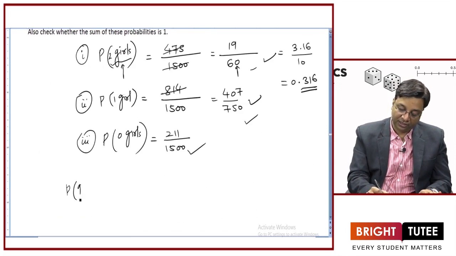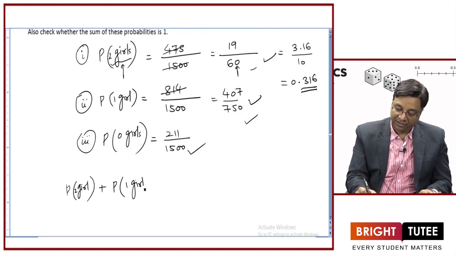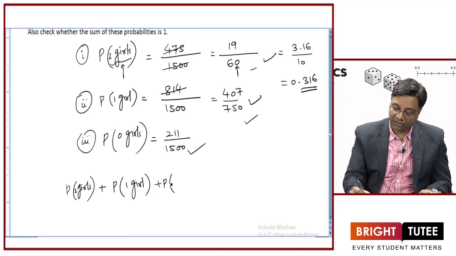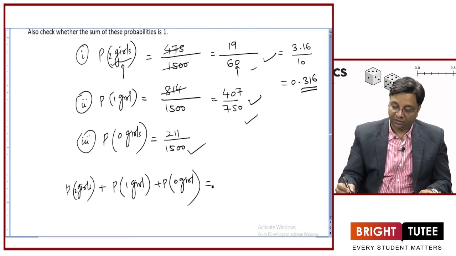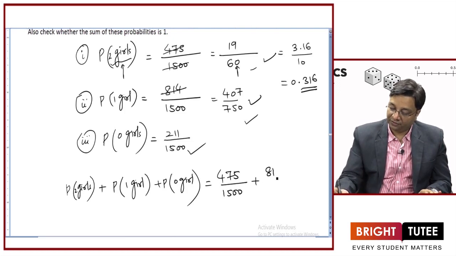Out of these 1500 families, the families will have either 2 girls or 1 girl or 0 girls, right? So let us add these probabilities and check whether the sum is 1500 by 1500 or not.